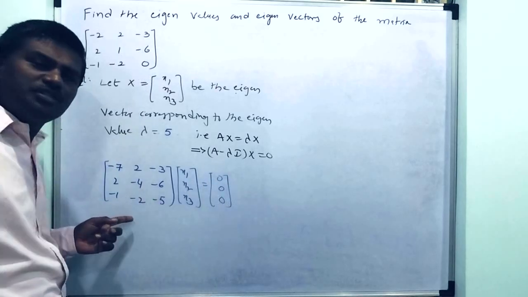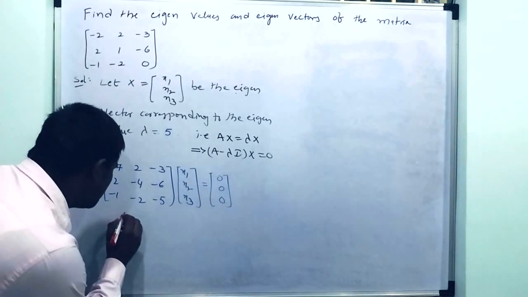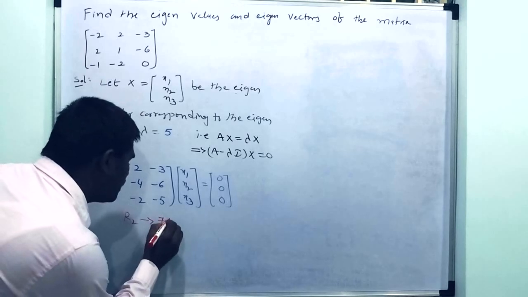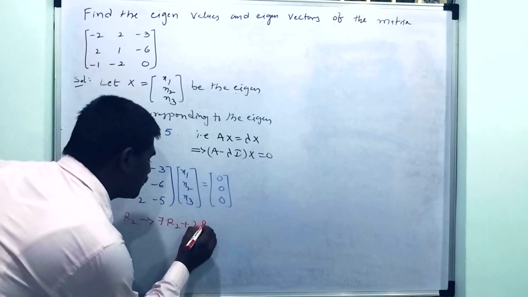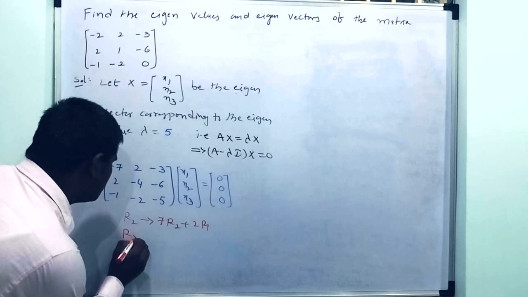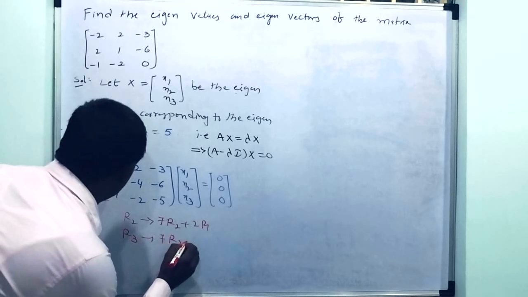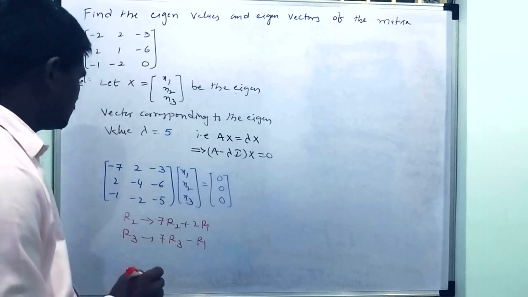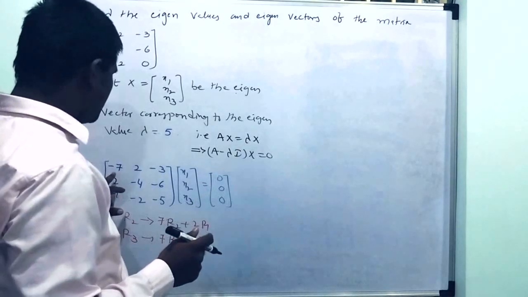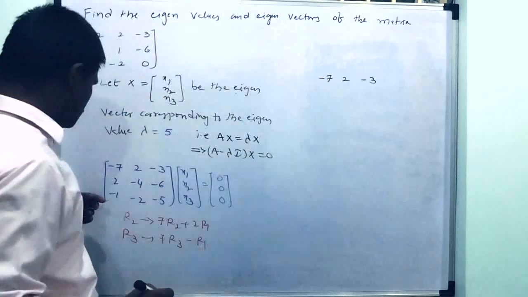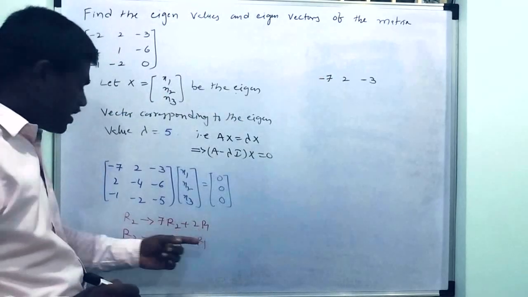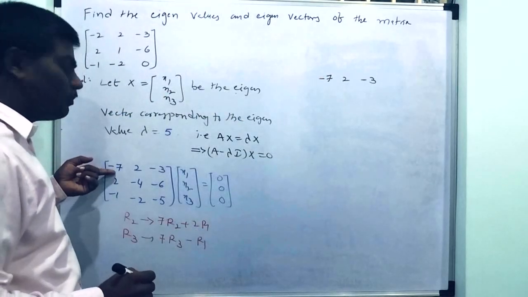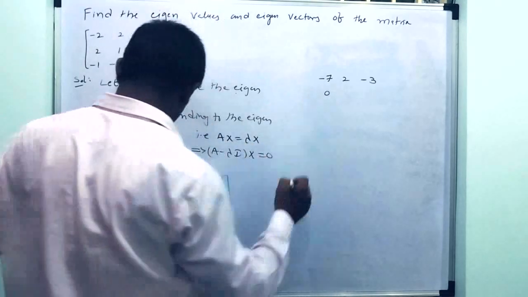Now let us reduce this one into echelon form. R2 tends to 7R2 plus 2R1 and R3 tends to 7R3 minus R1. Then this becomes no change in the first row. Minus 7, 2, minus 3. So this is 7R2 plus 2R1. 14 minus 14, 0.